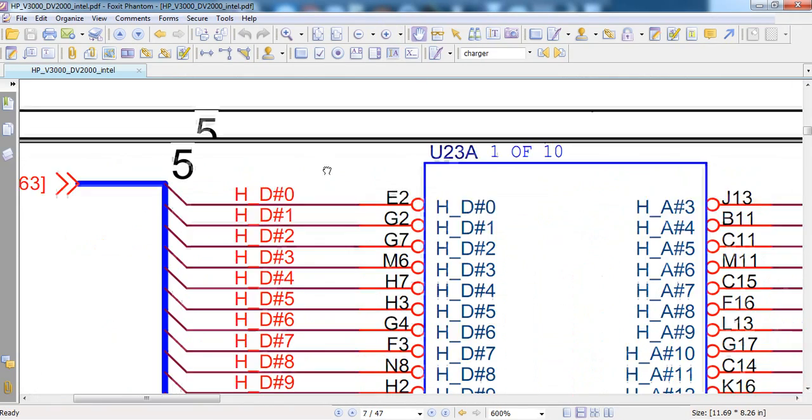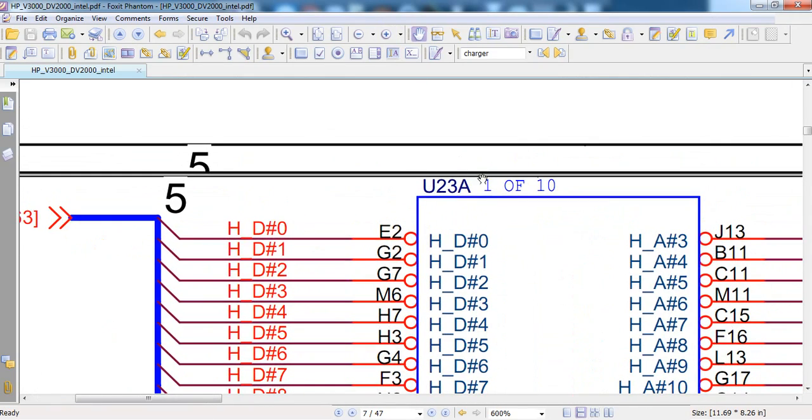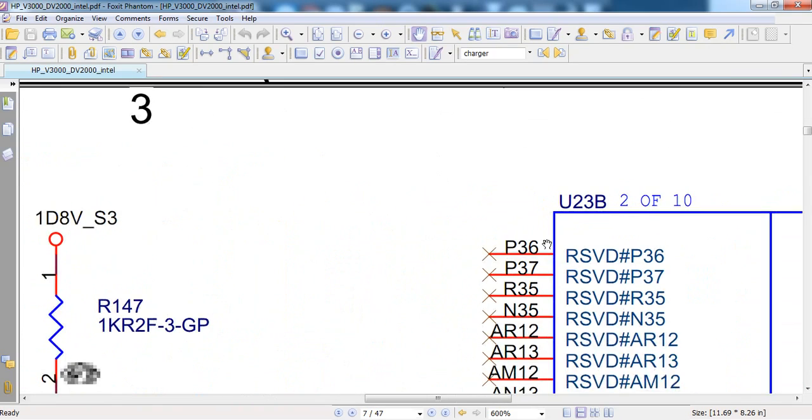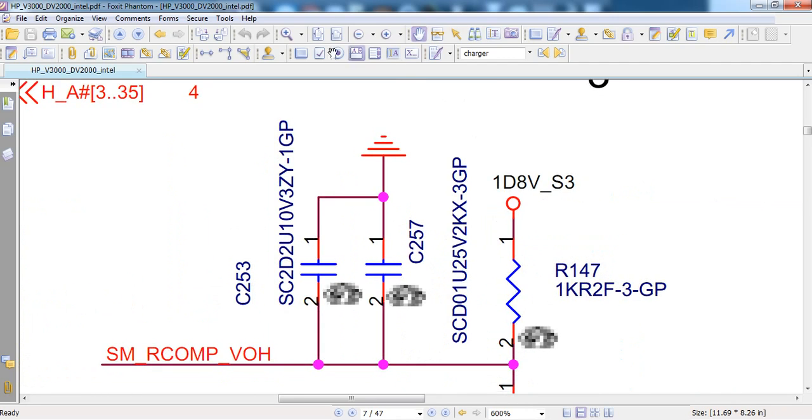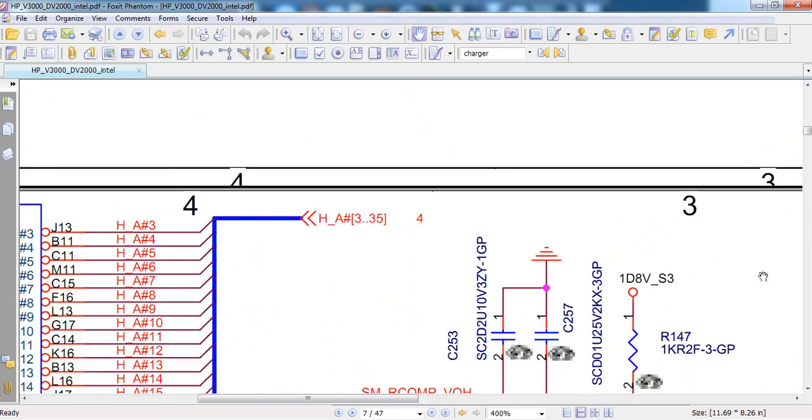Just watch closely. This is U23A, this is U23B. All of these A, B, C, D, 2, 3, 4, 5 define only the single chip, not different chips. This is the single GMCH chip.